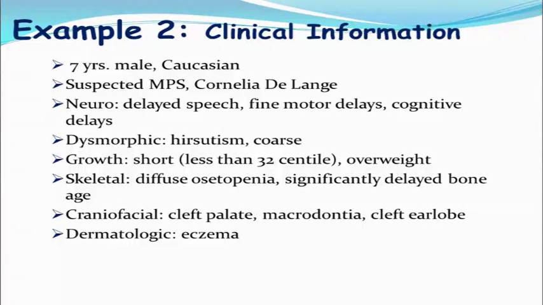The patient's neurological findings include delayed speech, fine motor delay, cognitive delay, and dysmorphic features including hirsutism and coarse face. The patient has short stature, overweight, skeletal findings including diffuse osteopenia, significantly delayed bone age, craniofacial findings including cleft palate, macrodontia, and cleft earlobe, and dermatology findings of eczema.